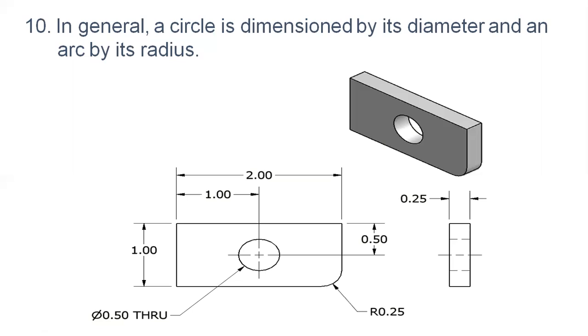So we have to dimension the circle by using the diameter symbol Ø or the diameter D. An arc you can mention by using the radius R 0.25, etc.